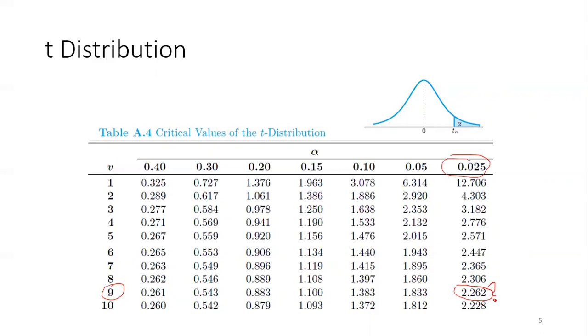So how to write this? The probability that the t random variable with 9 degrees of freedom is greater than 2.262 is equal to 0.025, and this is simply t sub 0.025.